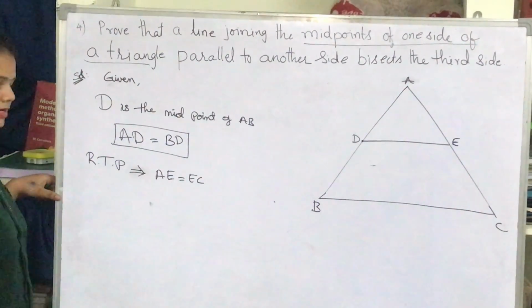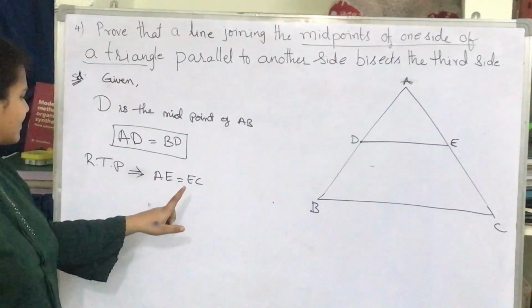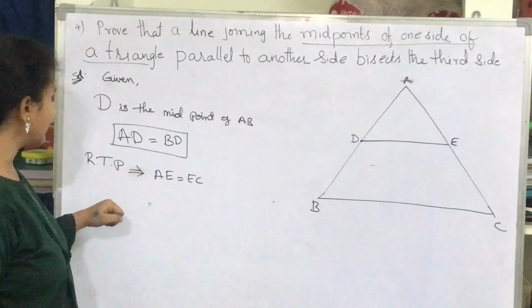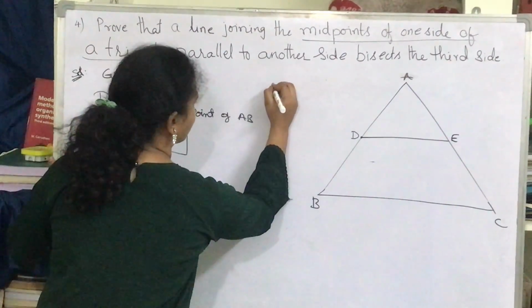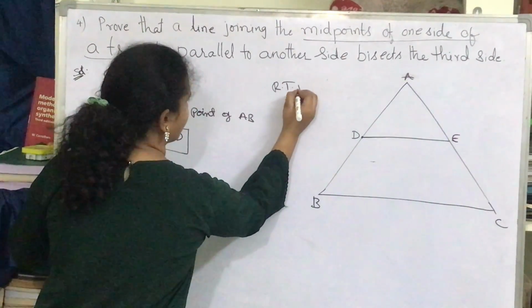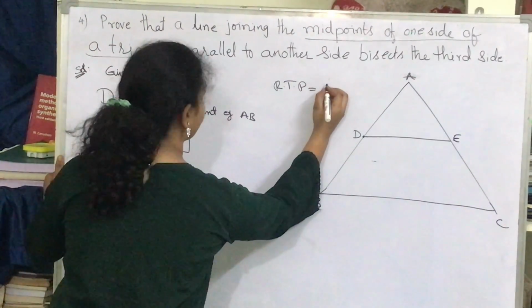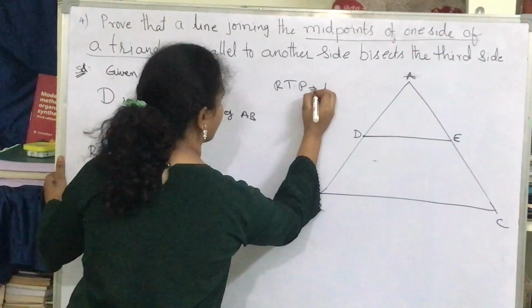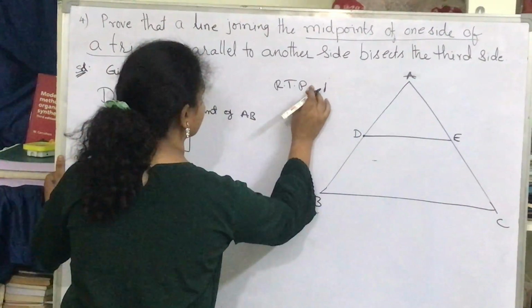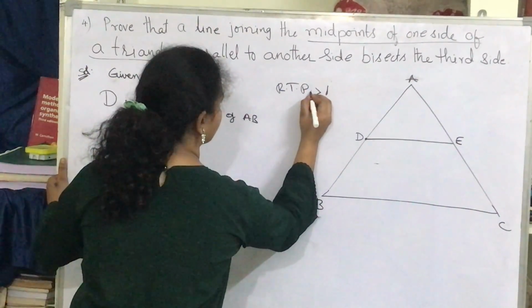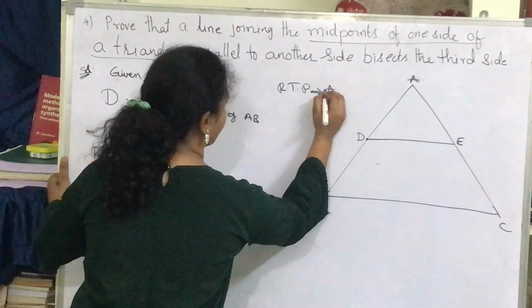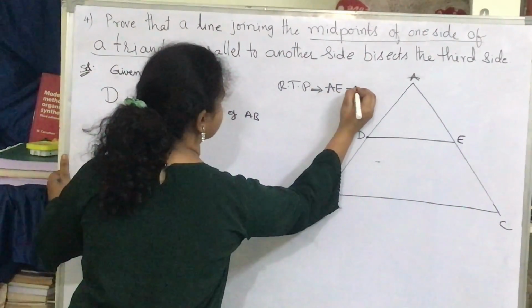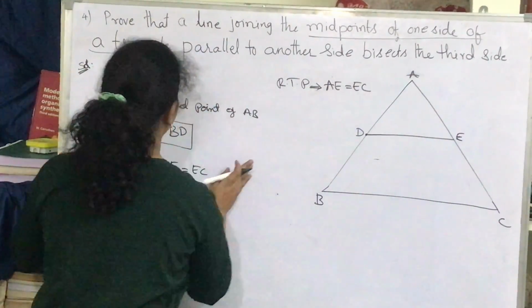Now we must prove that AE equals EC. So let me write down required to prove over here. So we must prove that AE equals EC. Okay, we must prove this.